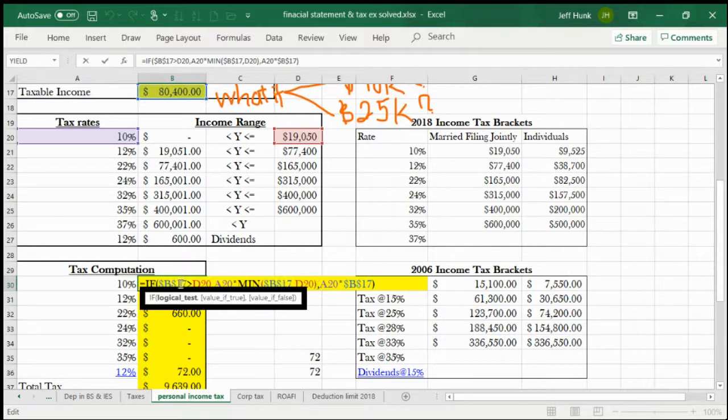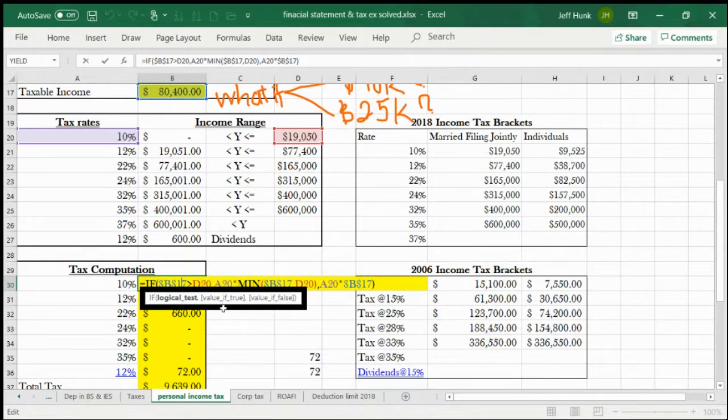Only if B17 is not like this, if B17 is less than D20, then B17 will be applied. But it says minimum, so if this is greater than this, which is the case now, then the lesser of the two, which is obviously D20, will be picked, because that's the lesser of the two. The minimum of the two will be multiplied by A20, right?